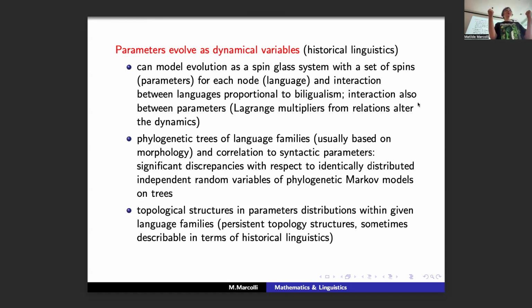And there's interaction between them. If you have a large bilingual population, the interaction is roughly proportional to the amount of bilingualism. So there's a lot more interaction between these languages, and it tends to be the case that constructions that are possible in one language but not in another will tend to be adopted if you have a large population that simultaneously speaks two languages.